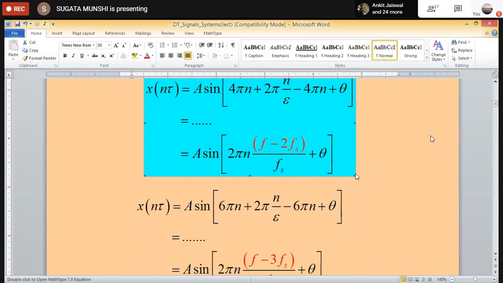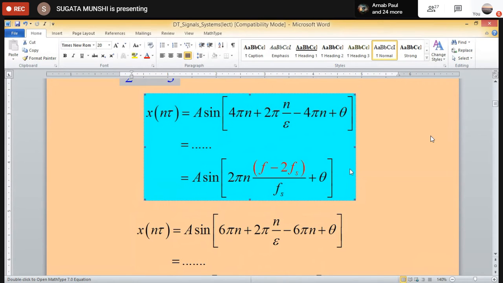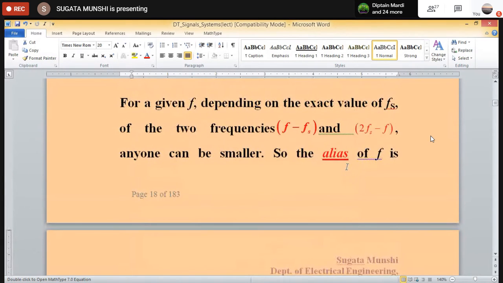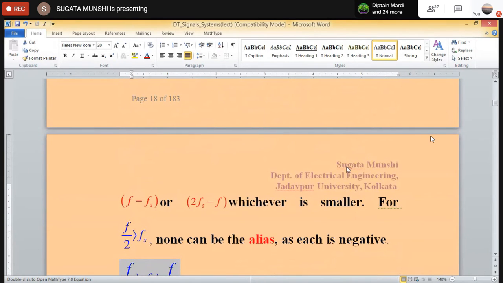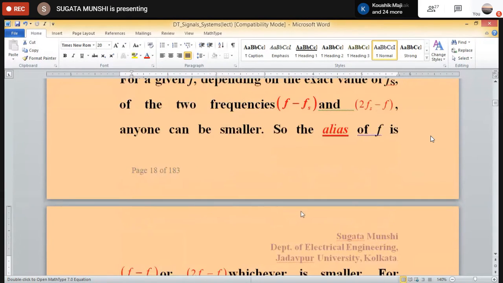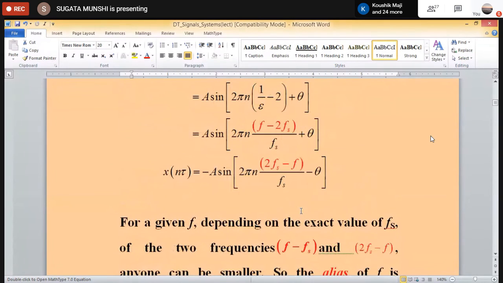Sir, if fs is less than f by 2, then how can f minus fs be negative? Which one? Okay, scroll up where you wrote that alias of f is... Sir, if fs is less than f by 2, then how can f minus fs be negative?